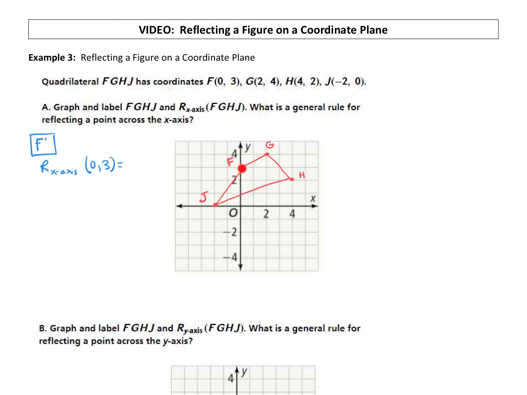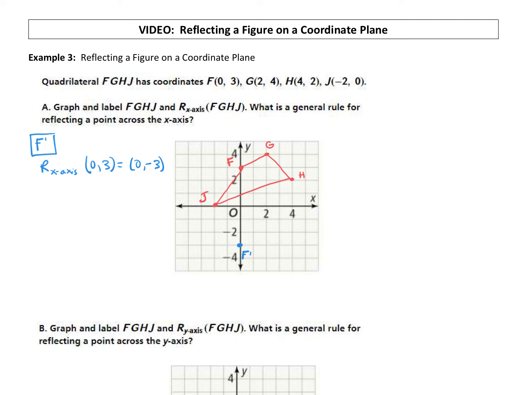What I'm going to do is count to see how far away I am from the x-axis. I'm 1, 2, 3 spaces away. Now I need to go on the other side that same distance. 1, 2, 3, and that's where F prime will be, the reflected point. I'm going to label it F prime. That ordered pair is 0, negative 3. All right, so we got F prime.